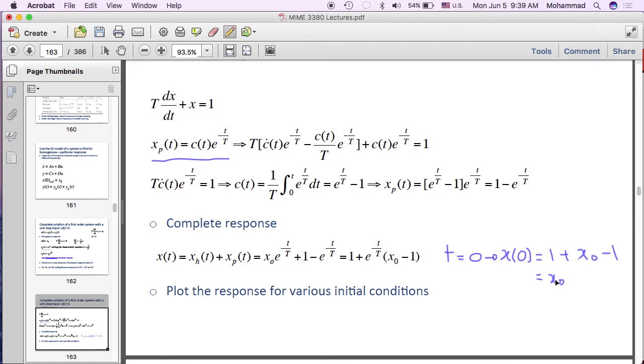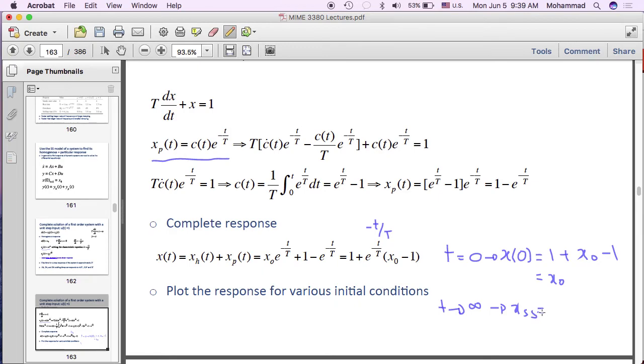Okay, so that's that. And what is the steady state response? If you let time pass long enough, by the way, there is a negative sign. So it's e to the power minus t over capital T. If you let time go to infinity, what is x steady state?